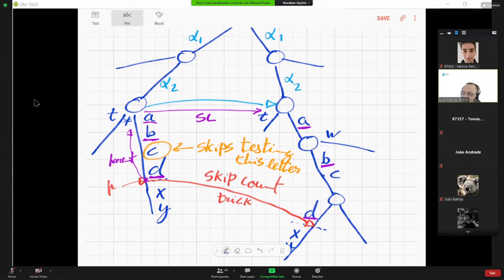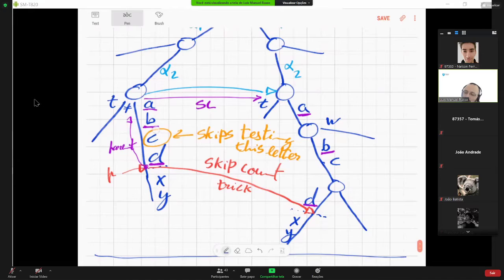One thing that I didn't say here. Is it clear for everyone why we don't need to compare the letter C? The reason is the following. Whenever we're searching for a pattern in the tree, we need to compare all the letters of the pattern against the tree, because we are not sure that the tree contains the pattern.